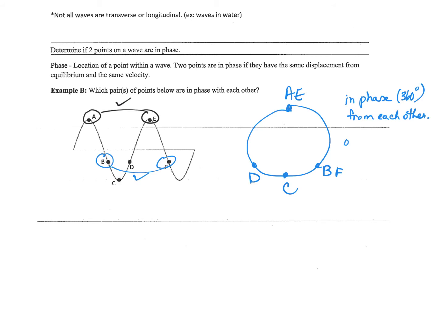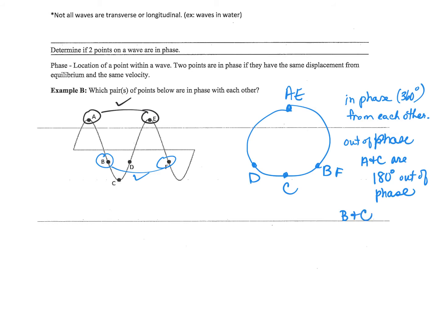What we consider out of phase really depends on what degree they are from each other. So look at A and C. How many degrees off are they from each other? A and C? Mm-hmm. So they'd be considered 180 degrees out of phase. What about B and C?